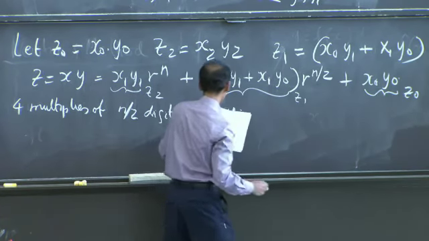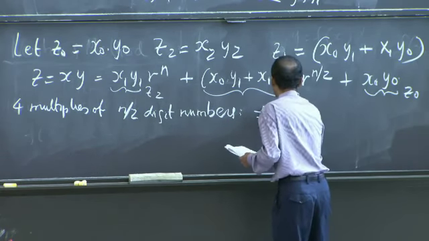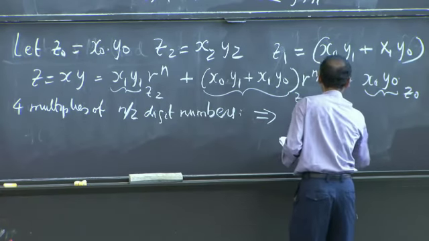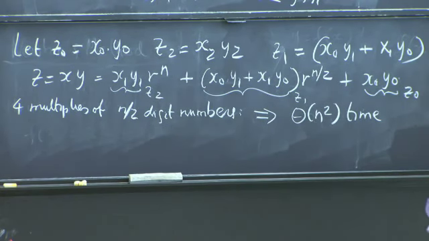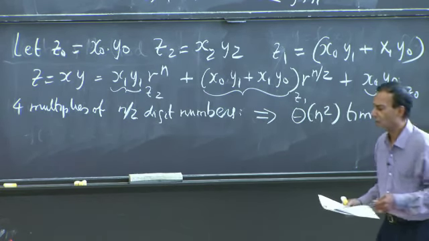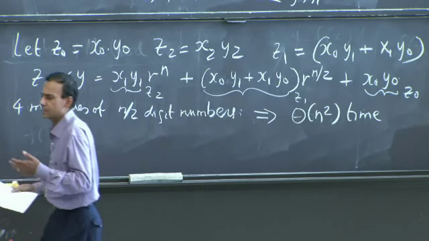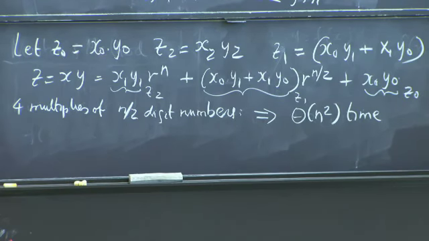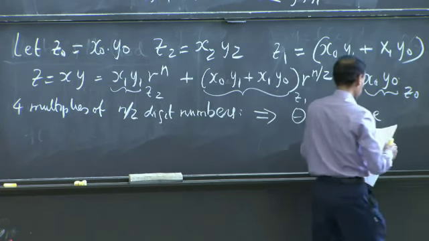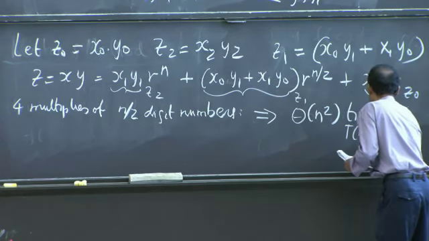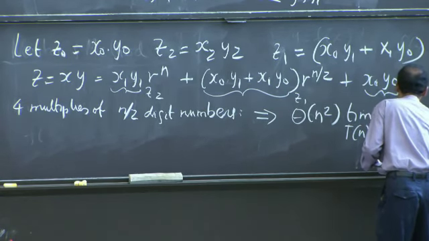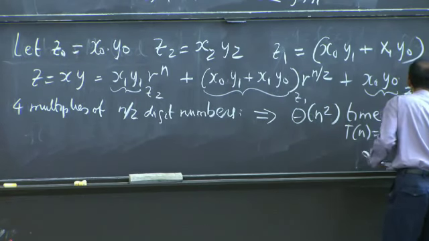By now, after you've prepared for quiz 2, I will just say that it will take theta n square time, because your recursive equation is Tn equals 4T of n over 2 plus theta n, where the linear term is the time for addition.